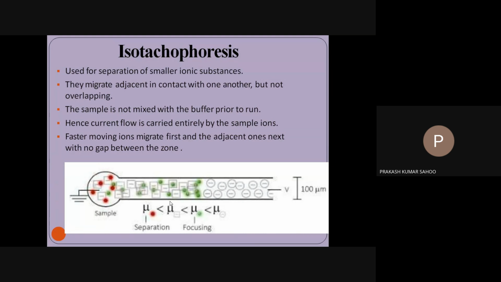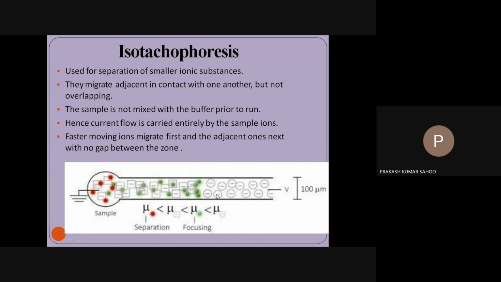Faster moving ions migrate first, and the adjacent ones next, with no gap between the zones. So this is known as isotachophoresis.